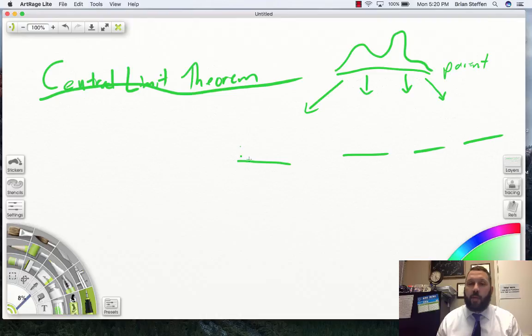If I make a dot plot of the different sample pieces that I get, it'll probably look similar to the original parent population. Each of these are called sample distributions, or distributions of samples.